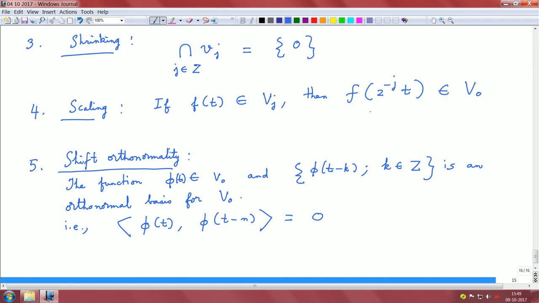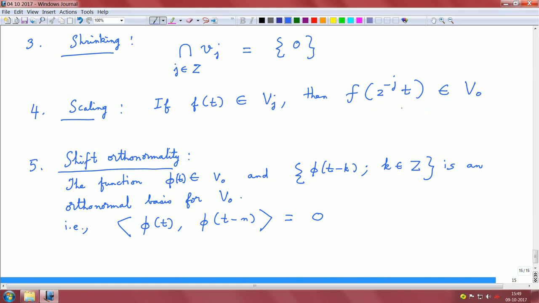Nesting is one of them. Then shrinking. So this is a very trivial thing. If you take the intersection of all these subspaces, it should be trivially the 0 function. Then scaling. If f of t belongs to Vj, then you take a scale of that with 2 power minus j.